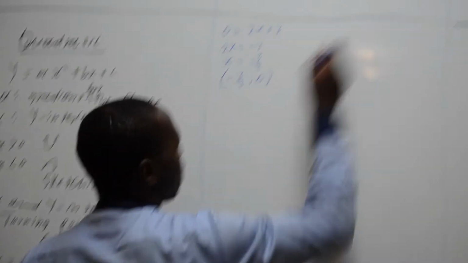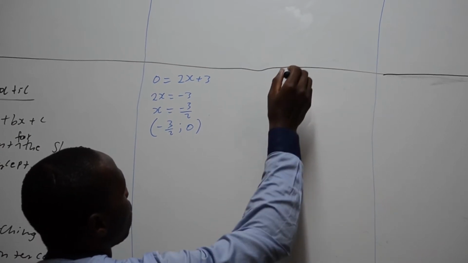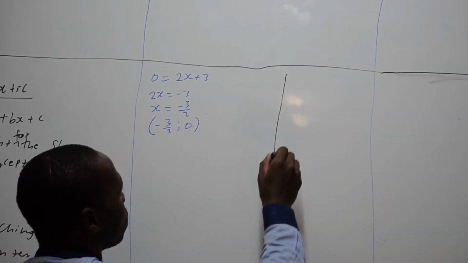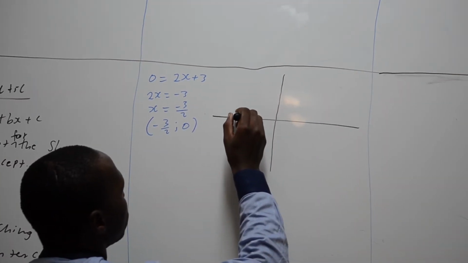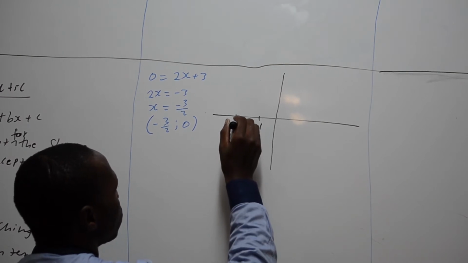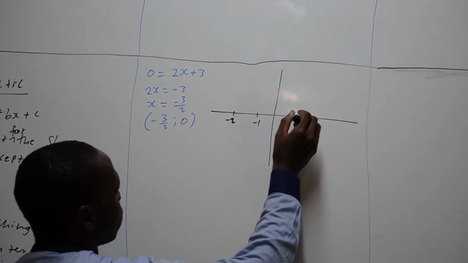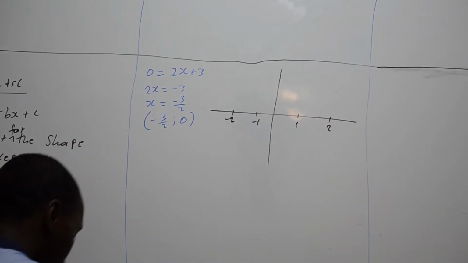So if we just sketch, on the x-axis we need 1, 2, and minus 1 and minus 2.